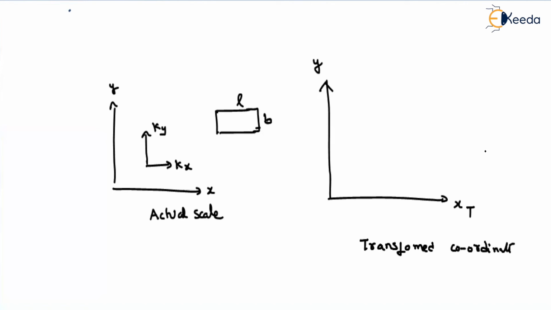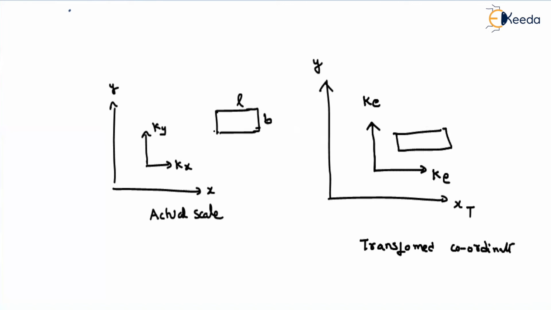In the transformed coordinate, instead of using kx and ky, we use the equivalent permeability, whether we take it along x or along y, in both directions.